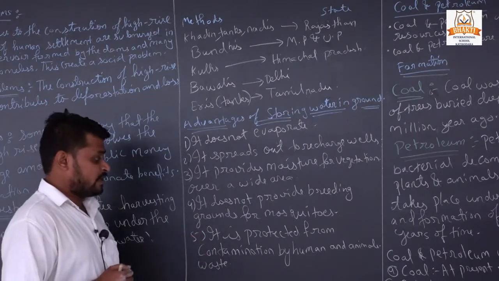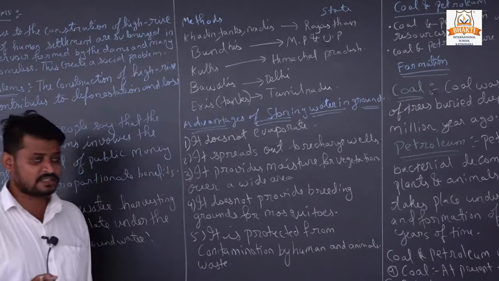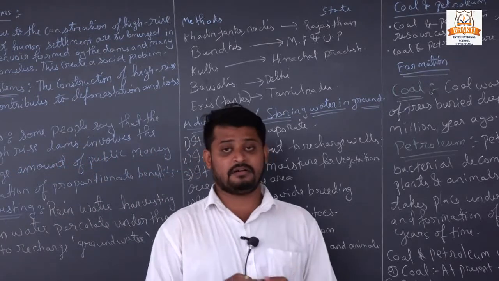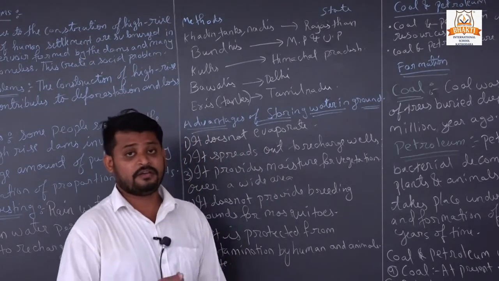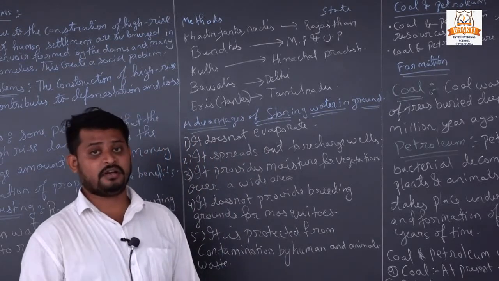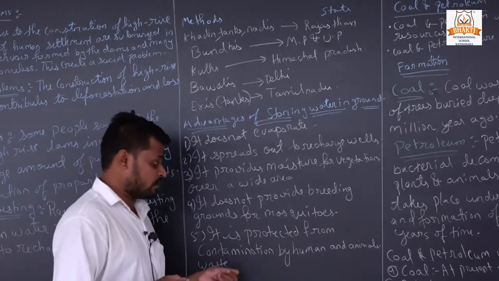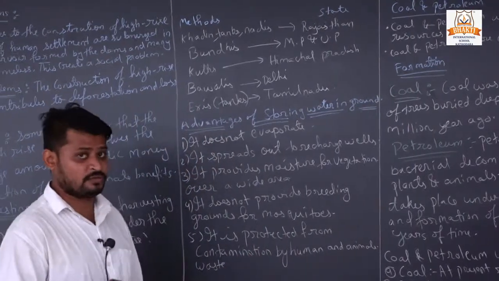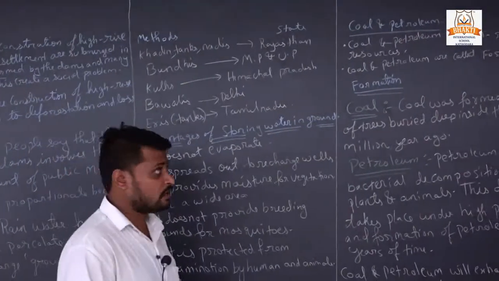It is also protected from contamination by human and animal waste, which pollutes the water. But if we store the water in ground, it cannot be polluted by the contamination of humans and animals. So we have to store water in ground. These are the advantages of storing water in ground.